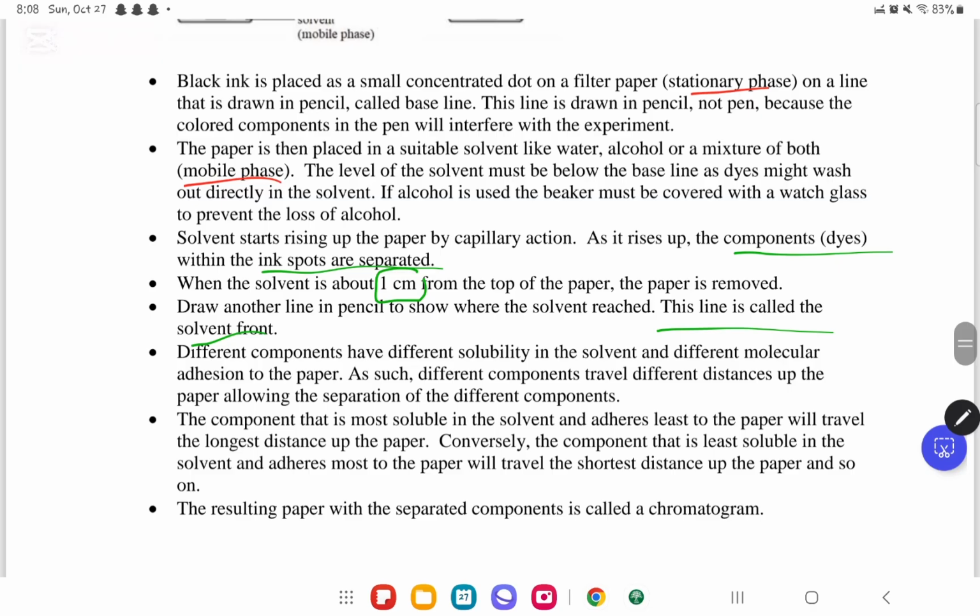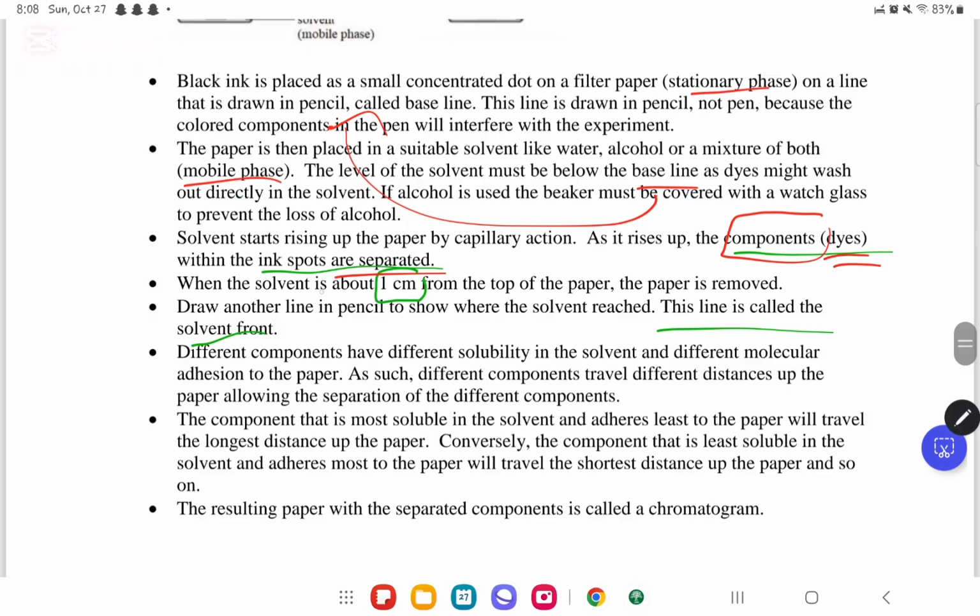You should put the level of solvent below the baseline that you drew in pencil. Then, after a while, using capillary action, the solvent will start rising. As it rises, the components or the dyes are separated. So the filter paper in this case will suck up the solvent, and then the solvent will separate the ink.